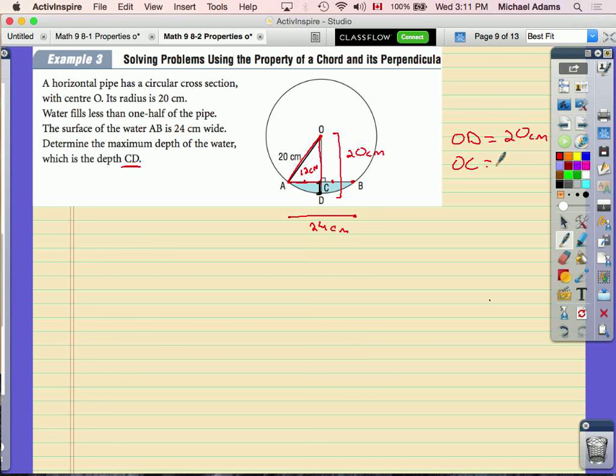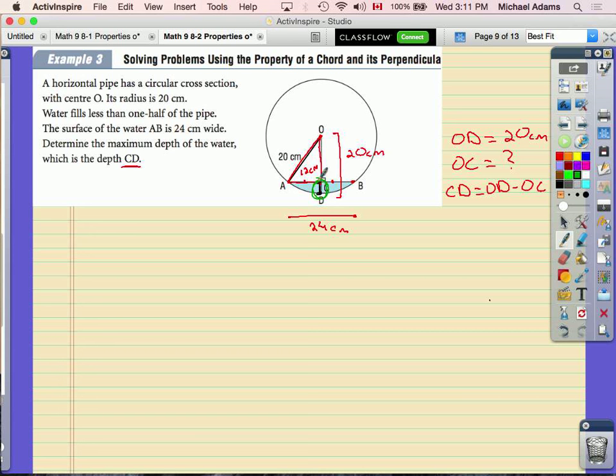So OC, that's our unknown. But we do know that in order to find CD, right there, we're going to have to subtract OC from OD, because we just want to find this section. Maybe I'll do this part in green. We just want to find the length of that, and that is a part of this entire line segment.